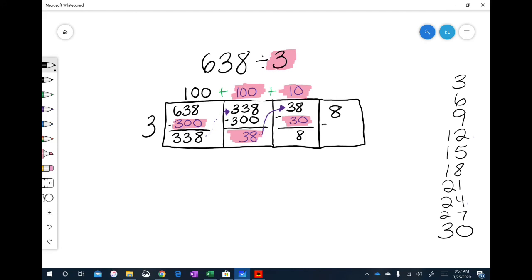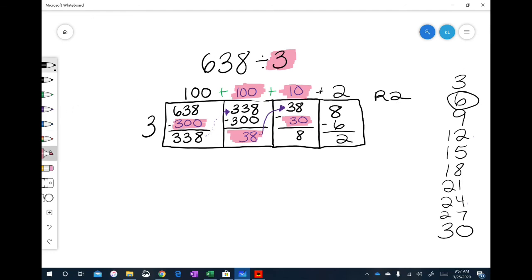And how many groups of 3 can I make out of 8 things? Well, the good thing is I already have the hard work done here on the side. So 9 is too big, so I'm going to take 6. So if I have 6, that would mean that I multiply 3 times 2 equals 6, and I get a remainder of 2. I'm not quite done yet.